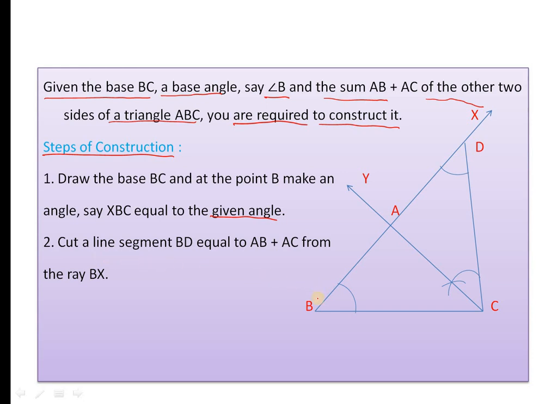Now cut a line segment BD equal to AB plus AC from the ray BX. We intersect a line segment BD on ray BX, so BD is equal to AB plus AC. Okay.